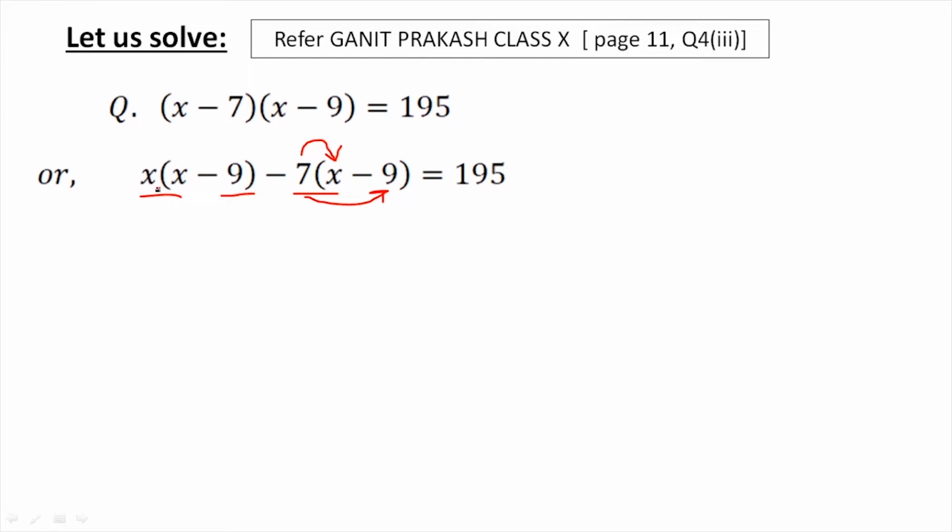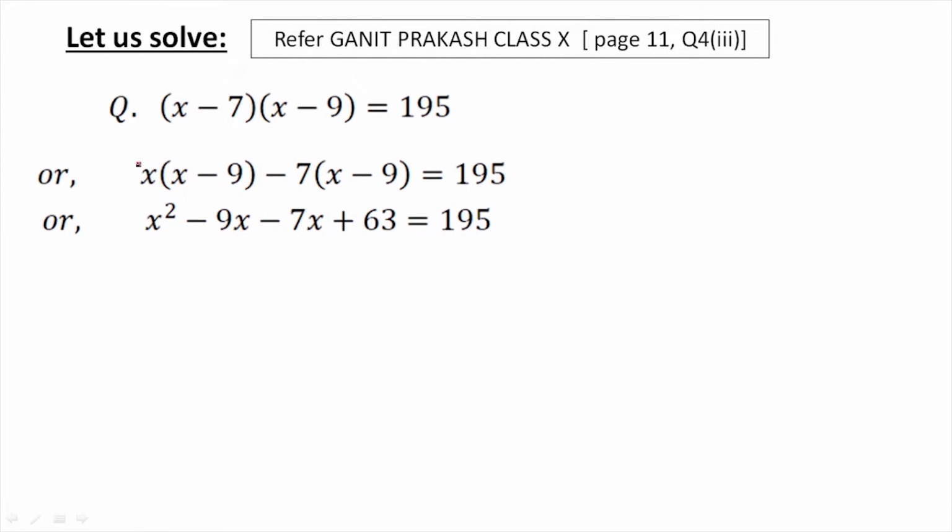Whenever we multiply the numbers, we need to multiply their sign also. So x into x is x square. The sign is plus here, the sign is plus here, so plus into plus gives us plus.